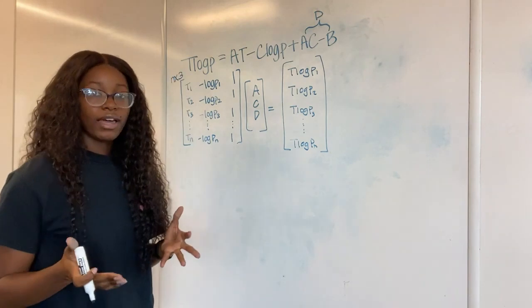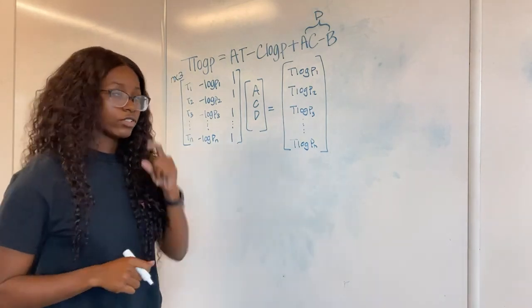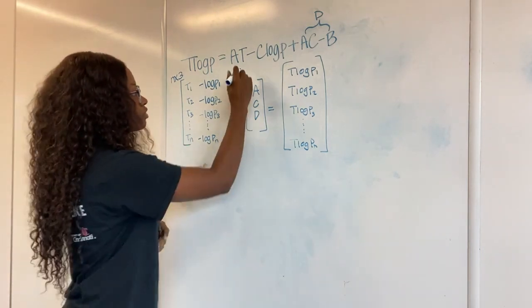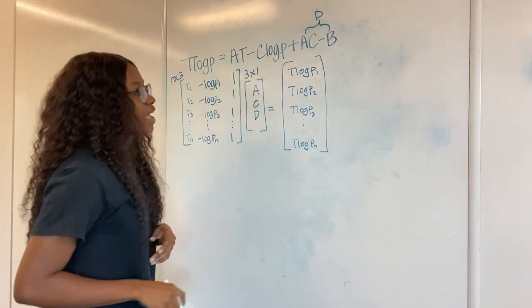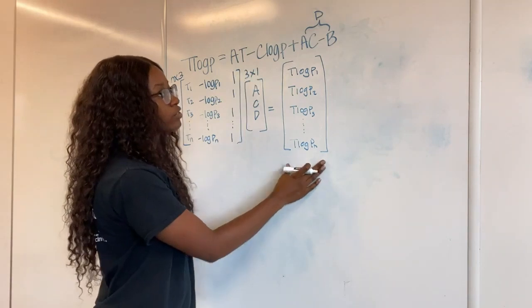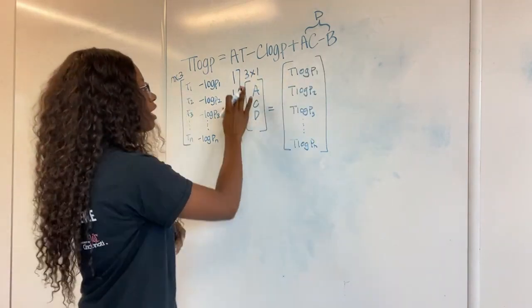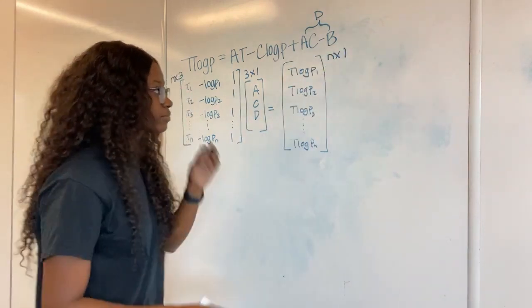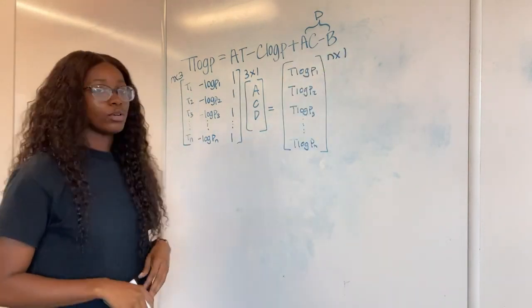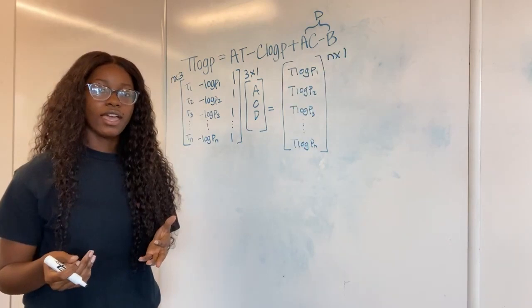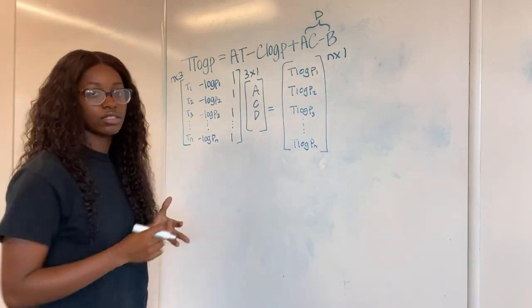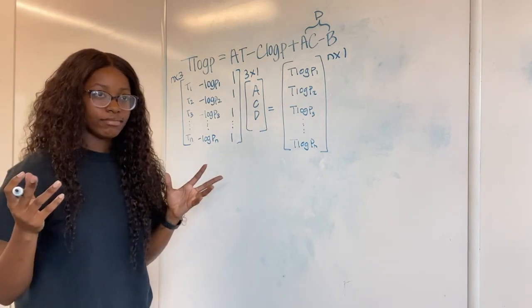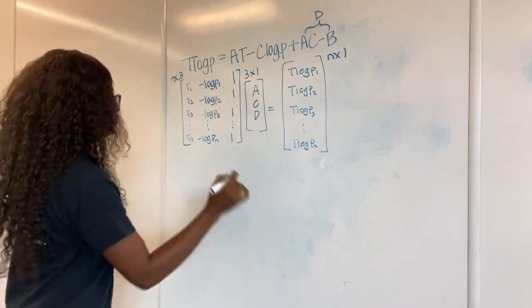And while we're here, we might as well label all of our other matrices. So our design matrix is an n by 3, our vector matrix is a 3 by 1, and our T log P matrix is an n by 1. So knowing this, we can give them different names.